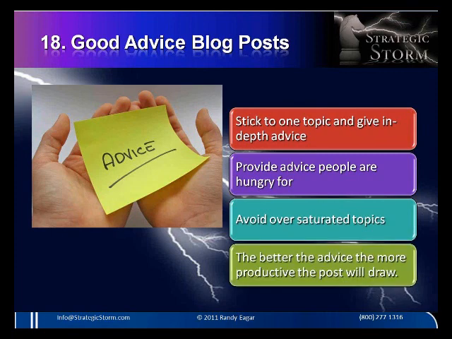The better the advice, the more productive the post will be. Be careful, however, since good advice can be seen as bad advice depending upon how much of a hot topic you're talking about. That's why I like to get into the NAR library and find out what white papers they have and give out for free.